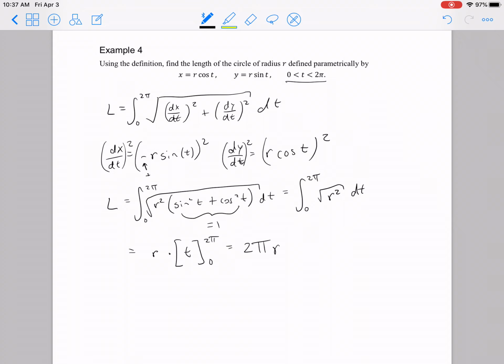And there we go. This should make sense because this is the equation for a circle, which is why we ended up getting what we had there. This is the distance around a circle of radius r, and so that worked out pretty well for us.